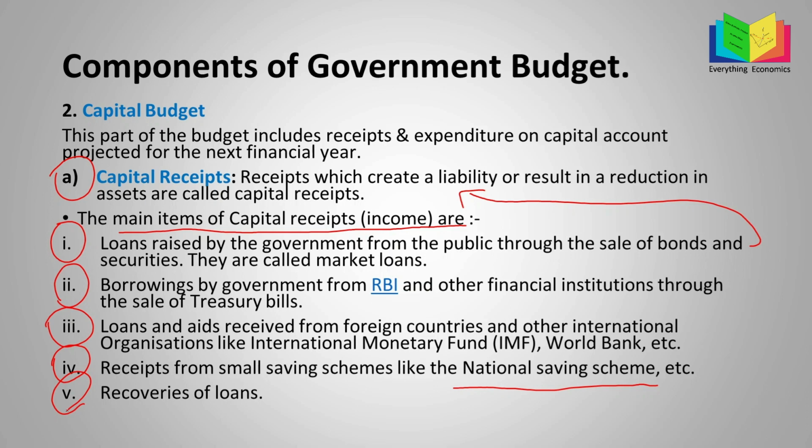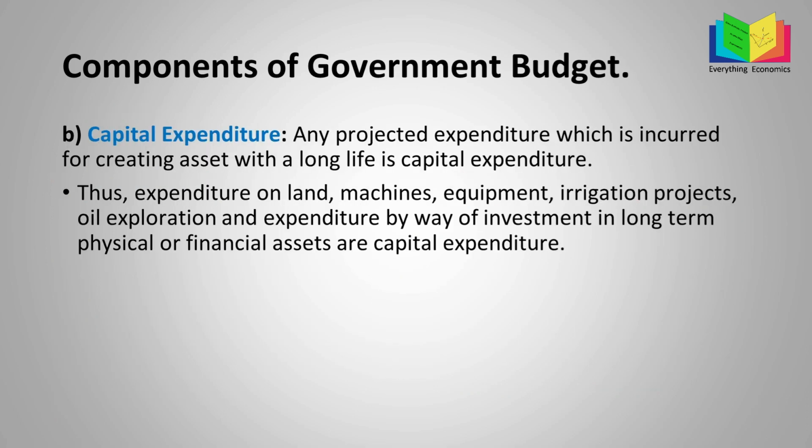Now let's move on to capital expenditure. Any projected expenditure which is incurred for creating an asset with a long life is capital expenditure. Here the important word is long life.